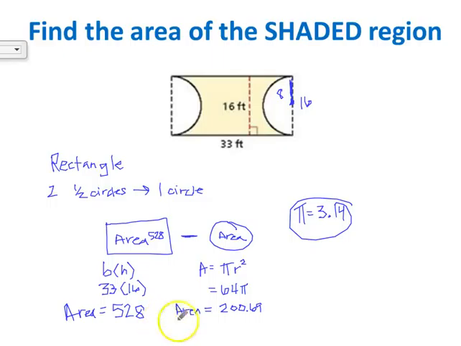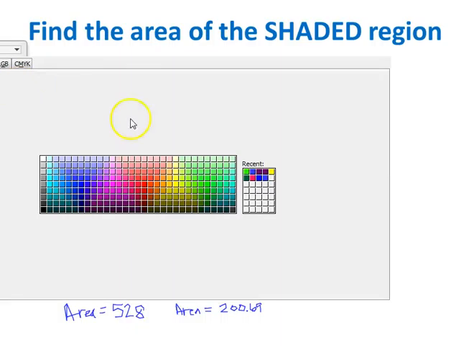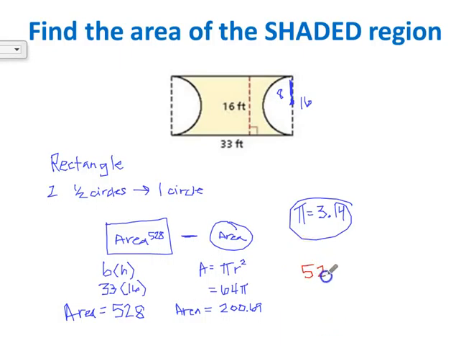We only want to find the area of the shaded region, so we're actually subtracting now. We are subtracting those. So we're going to take 528 minus 200.96. And what do we get when we subtract? Because we only want to find the area of the shaded region.